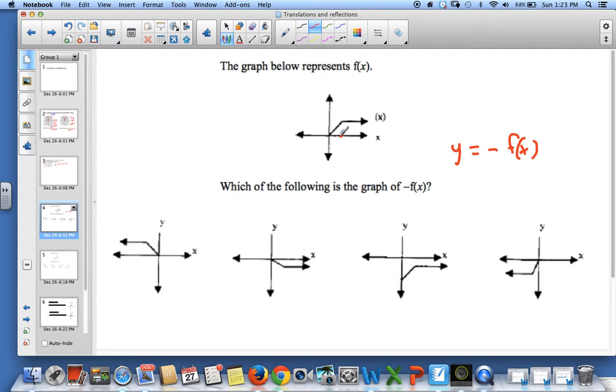So when y equals this number here, whatever that is, and the height of this is right here, I want y to be the opposite of that, which means it's going to be down here. So it's going to look something like that. And then each of these will be the opposite of this, which will be down here, and it's going to look like that. So that would be my graph.